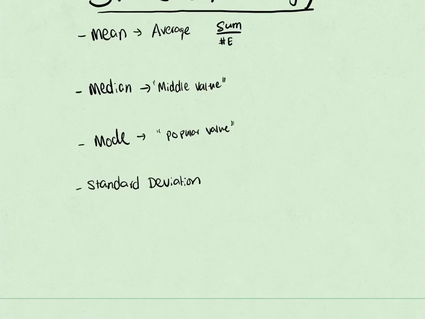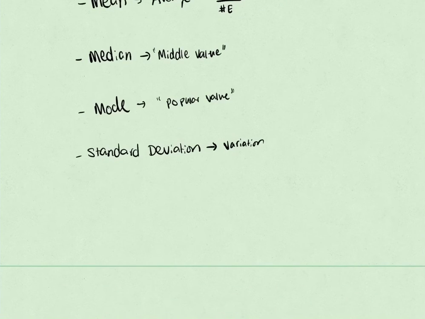The standard deviation is the variation. It's a measure of the variation in the data. So this value can be found by taking the square root of, so I'm going to call any element in the data x for now.